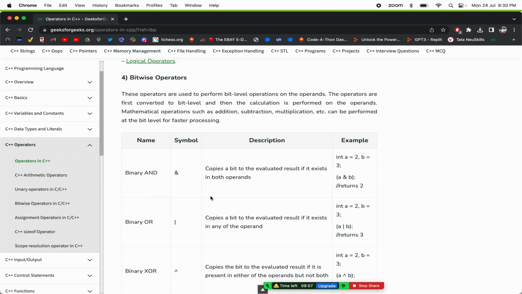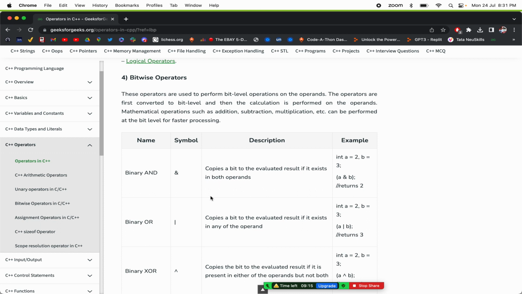So binary AND, what it will do is first convert the operands that are integers to bit level, right? Like we say 2 and 3. For example, if we have 1001 and 10110, binary AND checks the corresponding bits, like the rightmost bit and then the next two bits and so on.